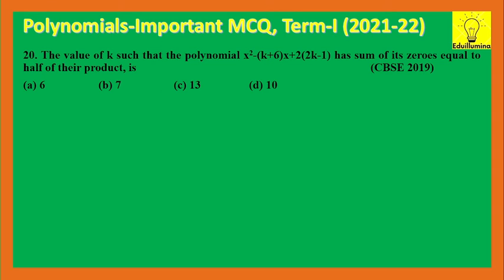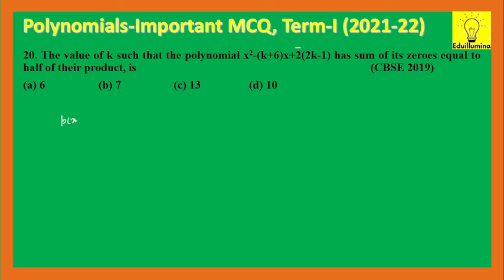Then the value of k is such that the polynomial x square minus k plus 6 into x plus 2 into 2k minus 1 has sum of its zeros equal to half of their product. So let us denote this polynomial by p of x.